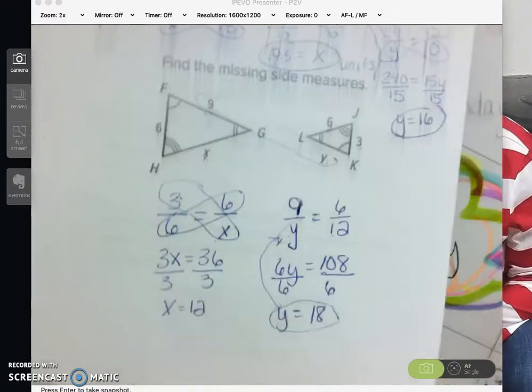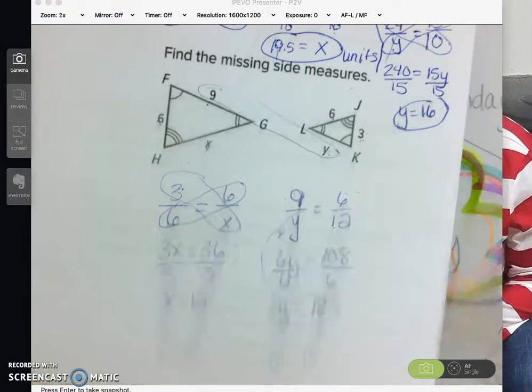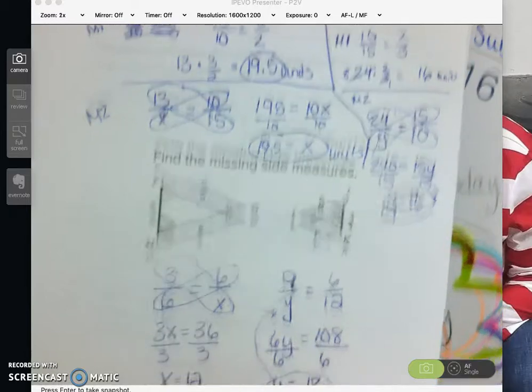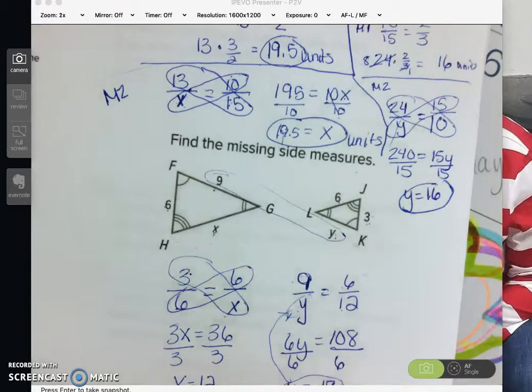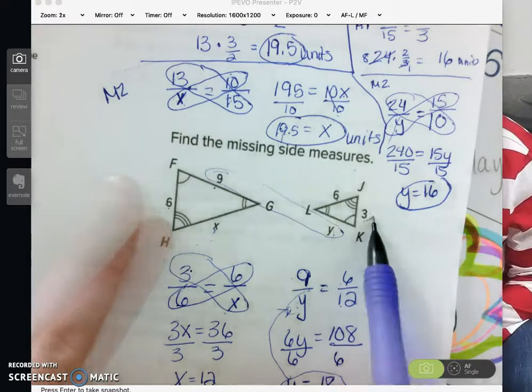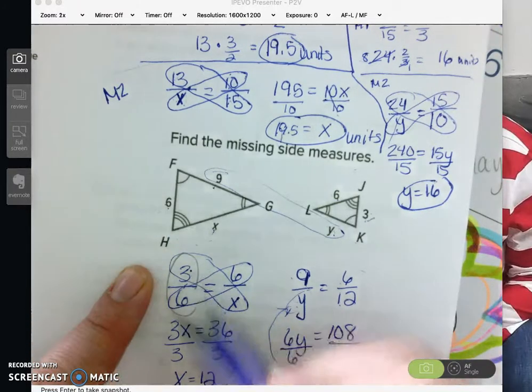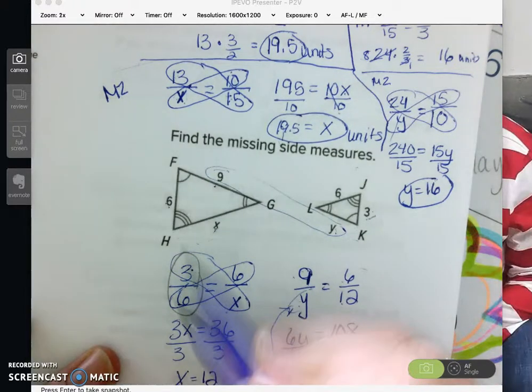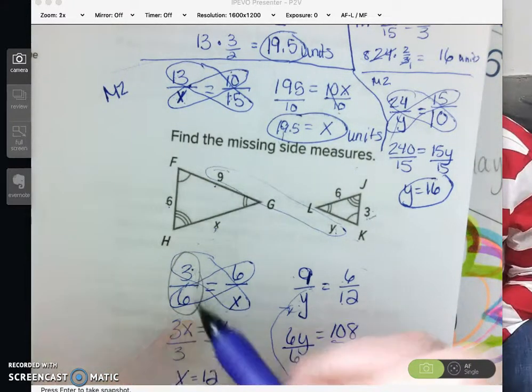So I'm going to skip that next one because it's just too messy. So on this one, I set up my proportion. So 3 and 6, they're these two instead of before. So before I said these two have to be the corresponding sides, but they have to have something in common.